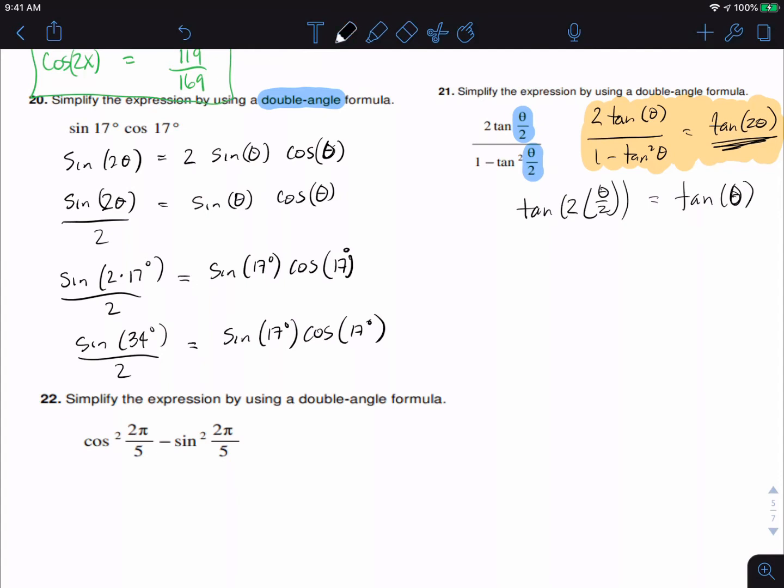So this problem ends up being 2 tan of theta divided by 2 over 1 minus tan squared of theta divided by 2 is equal to tan of theta. All right? Cool.